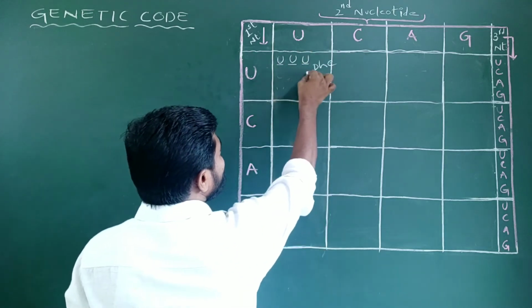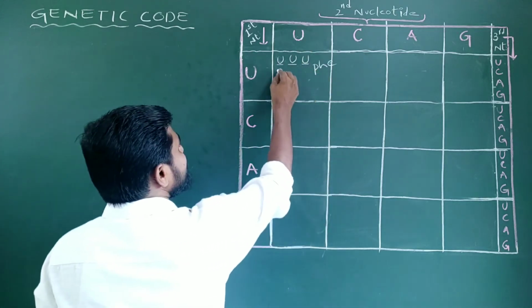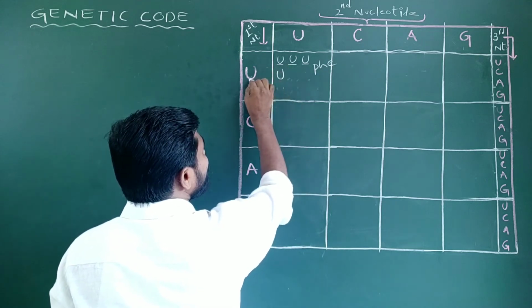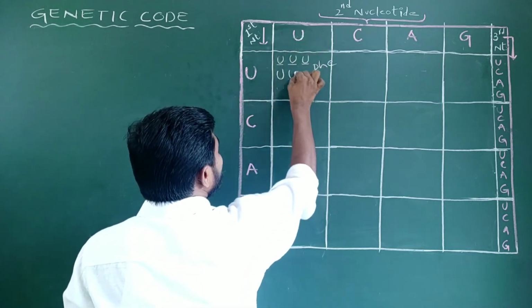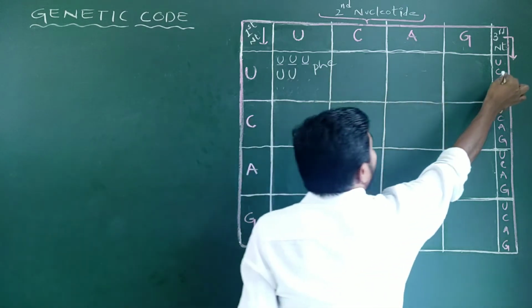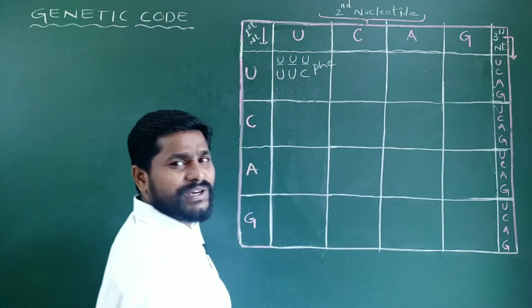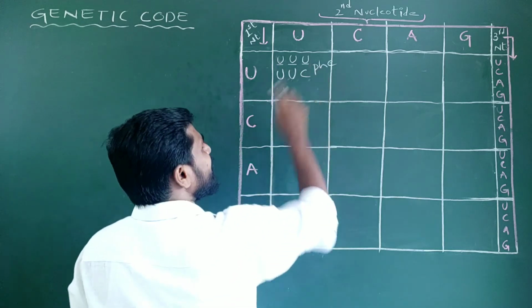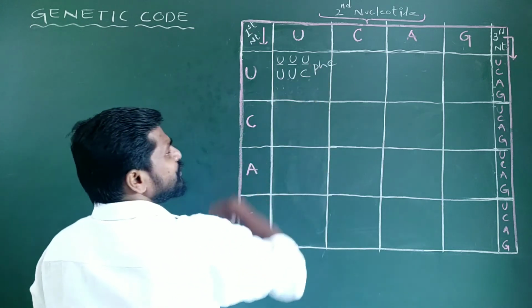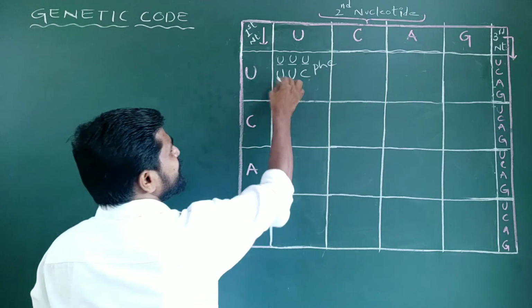Likewise, the second triplet codon of this box is, the first nucleotide U, the second nucleotide U, and the third nucleotide C. This UUC also codes for an amino acid phenylalanine. And let's come to the third triplet codon of this box.